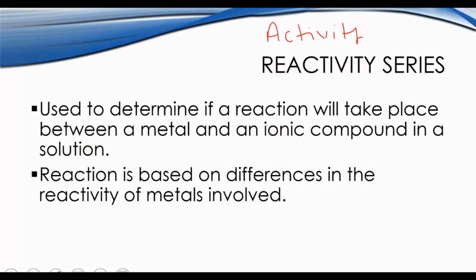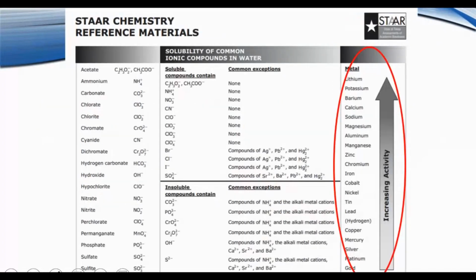And depending on which one is more reactive, we will determine if we have a chemical reaction. Now, reaction is based on the differences, again, of the reactivity of the metals or non-metals involved. So that's a lot of information, and we need to look at examples to really understand this.